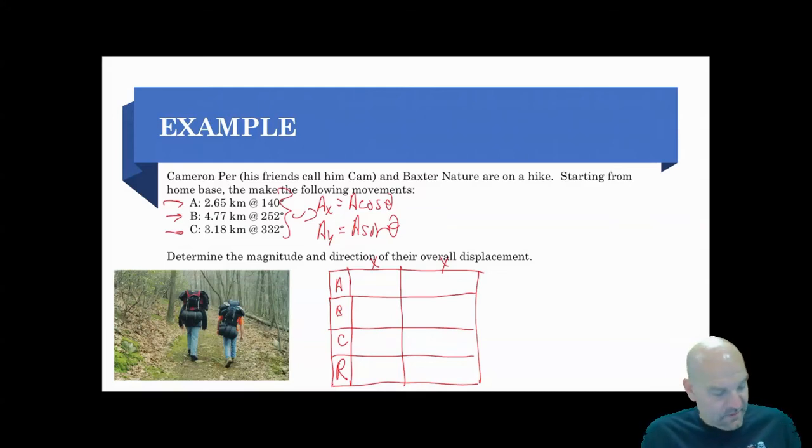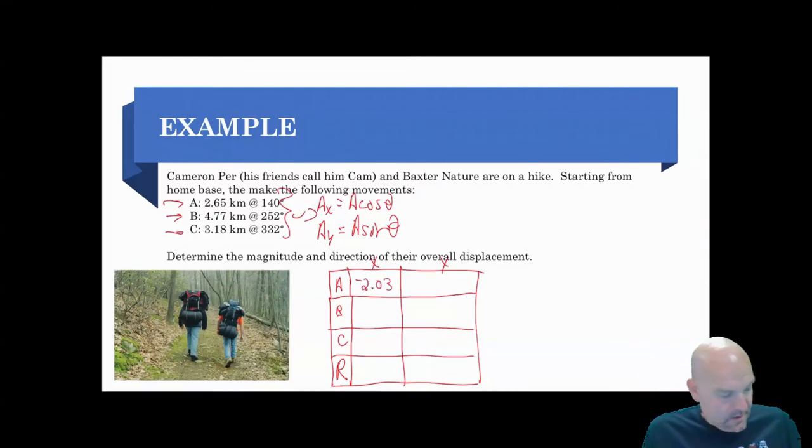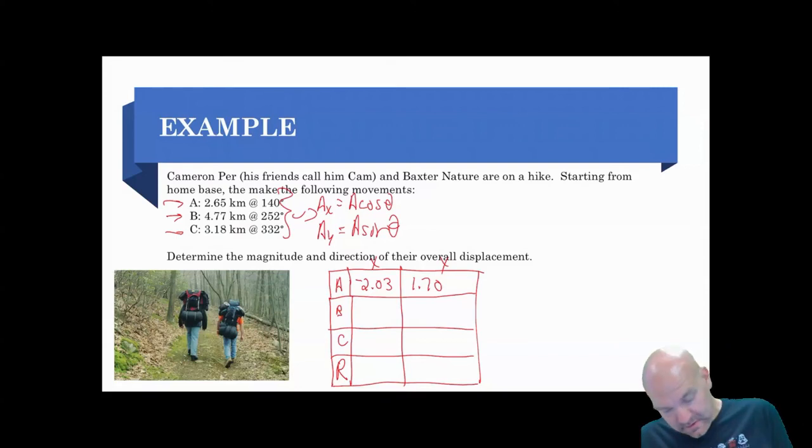I'm going to say 2.65 cosine 140. Now don't forget the negative sign here. 2.65 sine 140, so 1.70. And then I do the same thing for the next one, 4.77 cosine 252, negative 1.47.